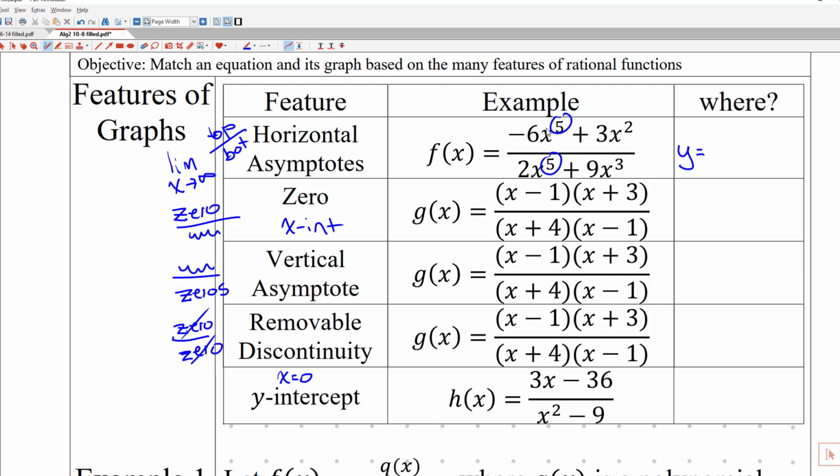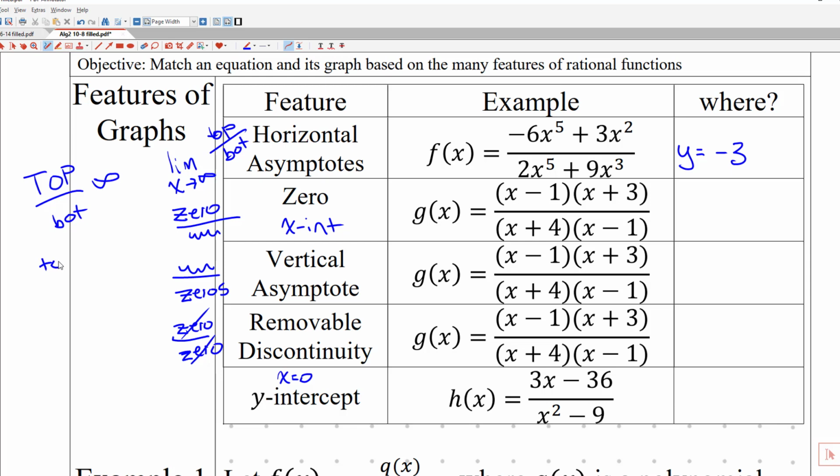Using top-bottom rules, I have the same power and same power, so I ignore everything and just look at their coefficients. -6 over 2 is the same thing as -3, so I should have a horizontal asymptote at y equals -3. Again, if the top is bigger than the bottom, then you go to infinity or negative infinity.